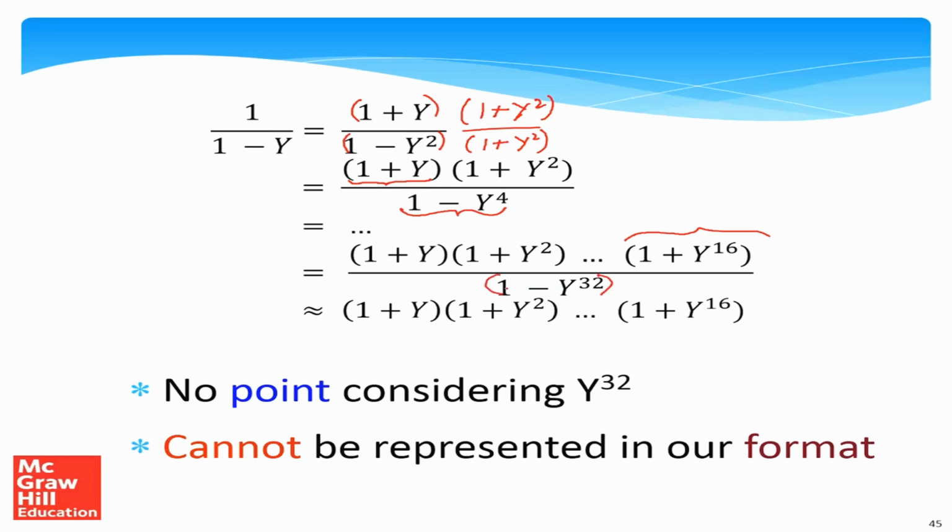So here is an interesting observation that we can make. Given the fact that we are working with a 32-bit system where the mantissa has only 23 bits, that's a fact for us. Let's see what we know about y.